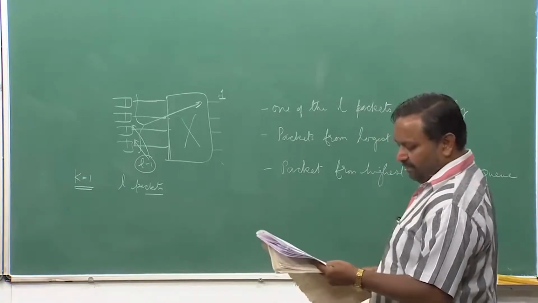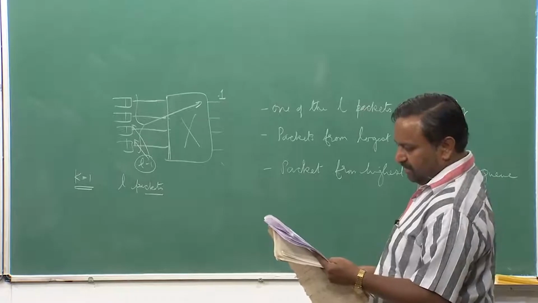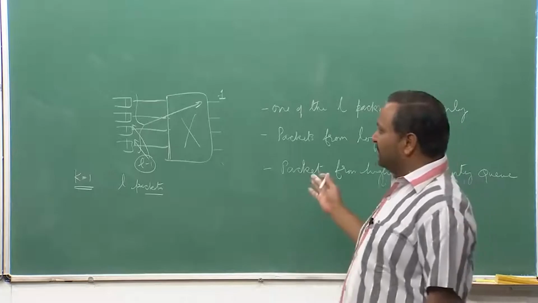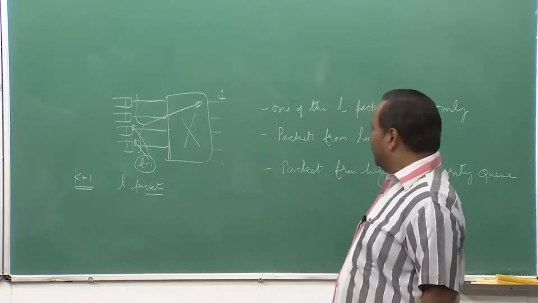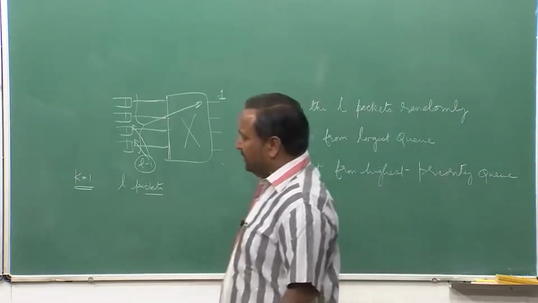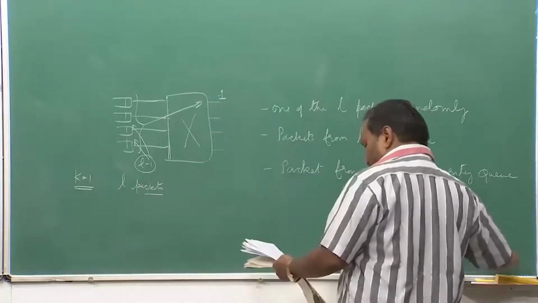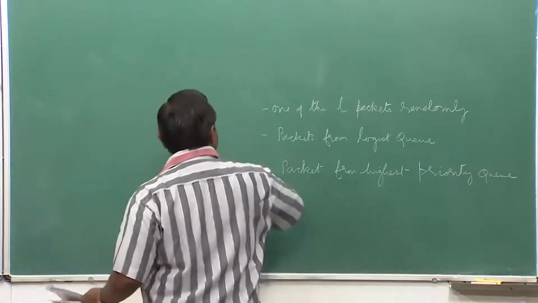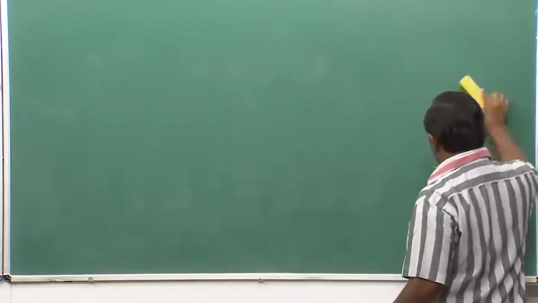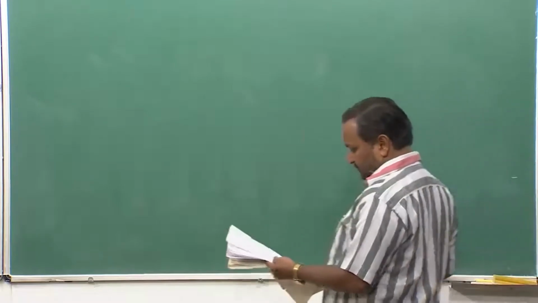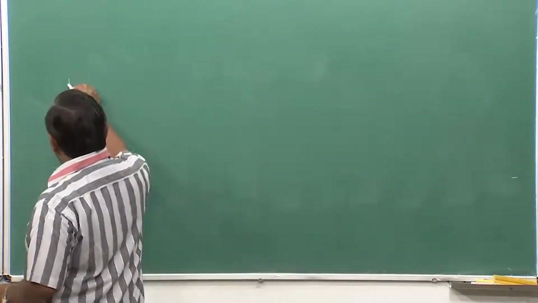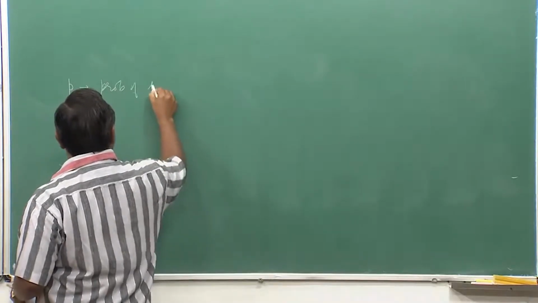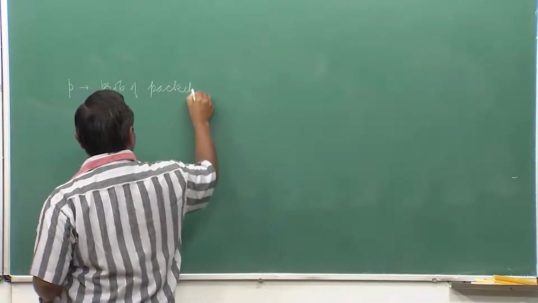So now the question which we need to ask, coming back to, first of all let me analyze the output queued system, then we will come back to the input queued one. So these are basically the issues which are there. So for an output queued system, the question which we are going to ask is, we have to define something called P, which is the probability of packet arrival.